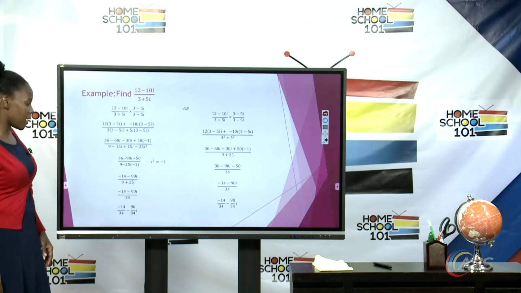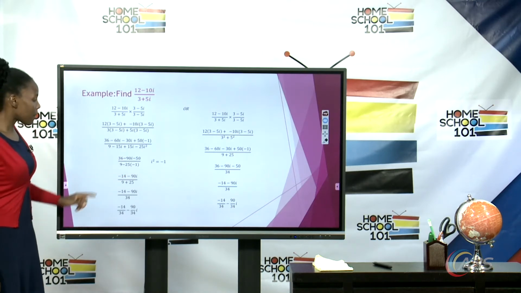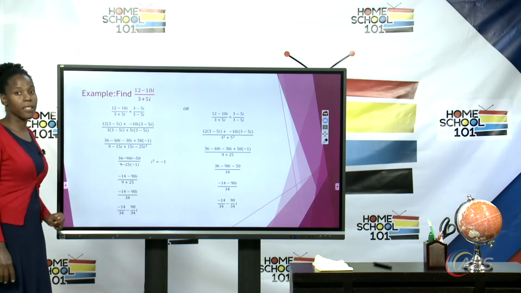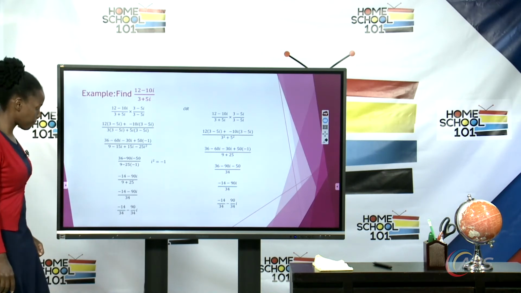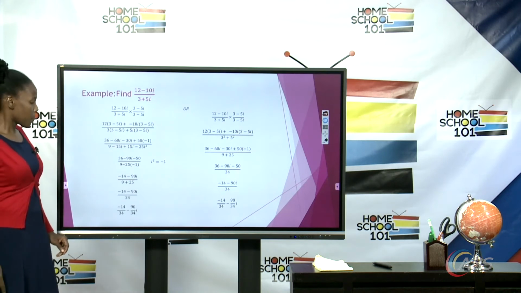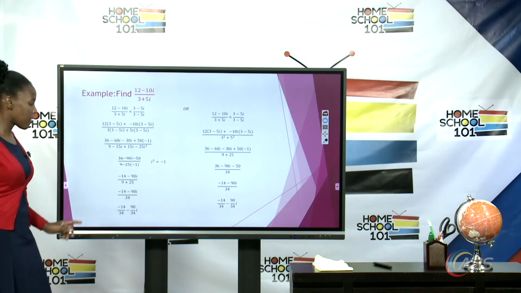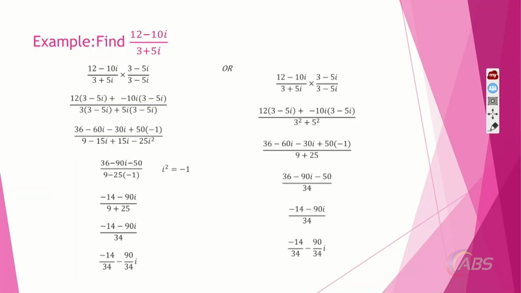And in the denominator, I have negative 25 times negative 1. Remember, a negative times a negative gives us a positive, hence it is 9 plus 25. So for the numerator, we have negative 14 minus 90i, and our denominator is 34. What we would do is separate the real from the imaginary parts.